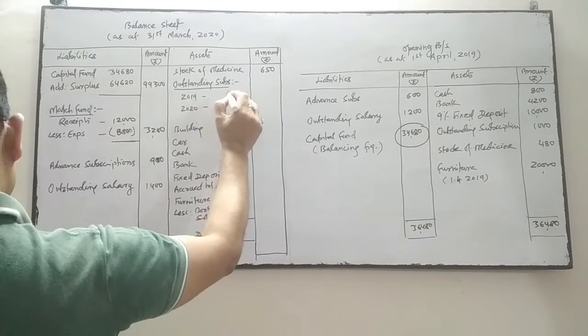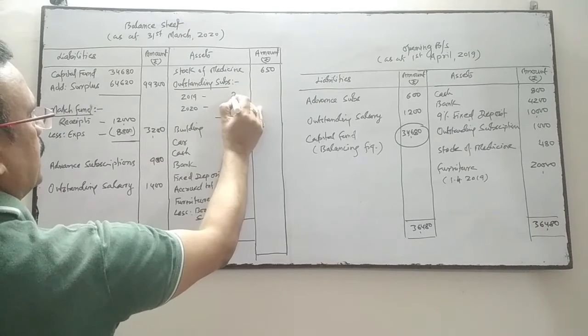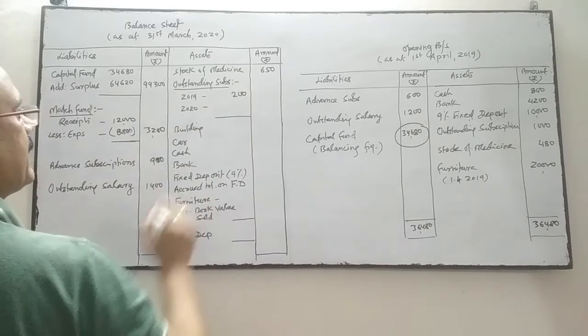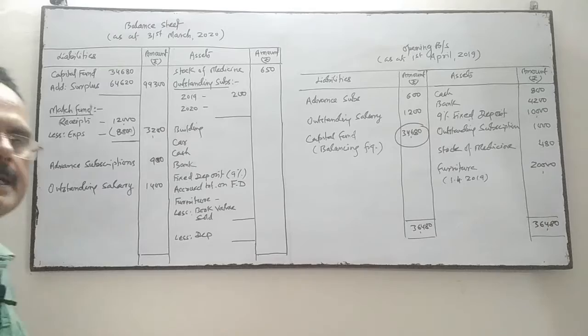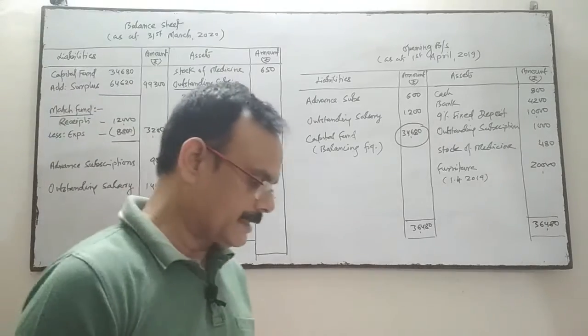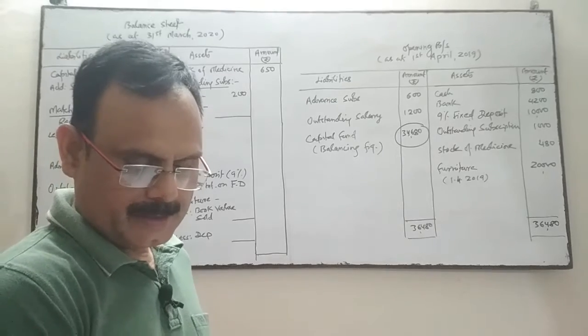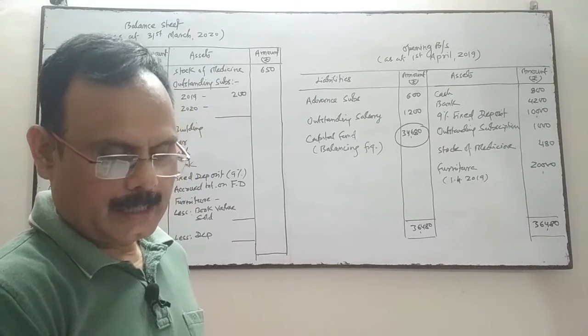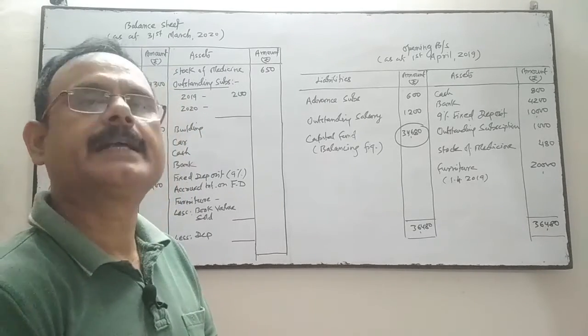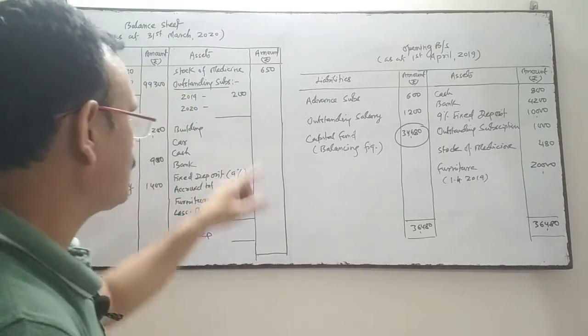Outstanding subscription of last year is 200, which is not yet received. Total outstanding subscription last year is 1,000, and out of that only 800 has been received, so 200 is not yet received.